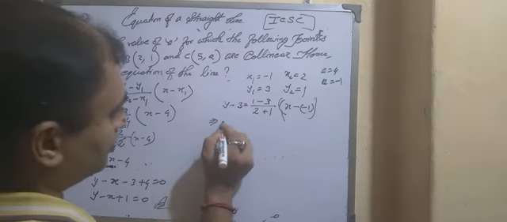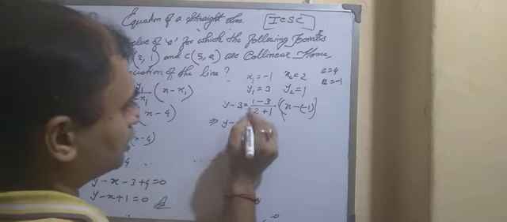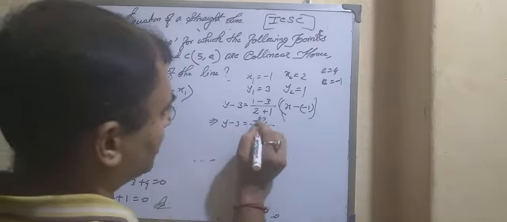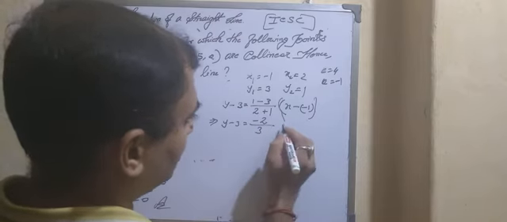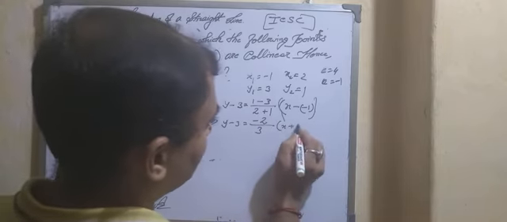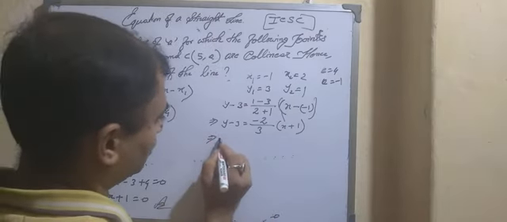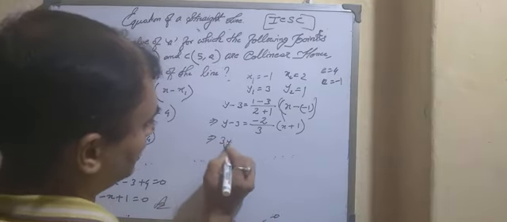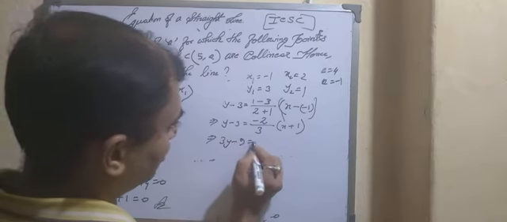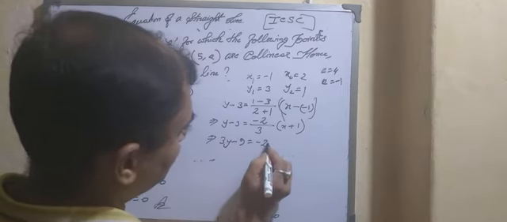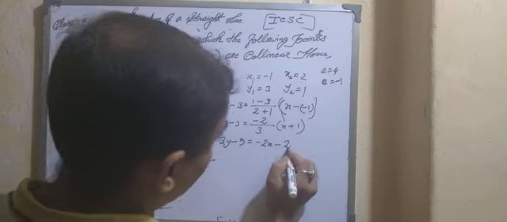What will we get from here? y minus 3 equal to minus 2 over 3 into (x plus 1). Now doing cross multiplication, we get 3y minus 9 equal to minus 2x minus 2.